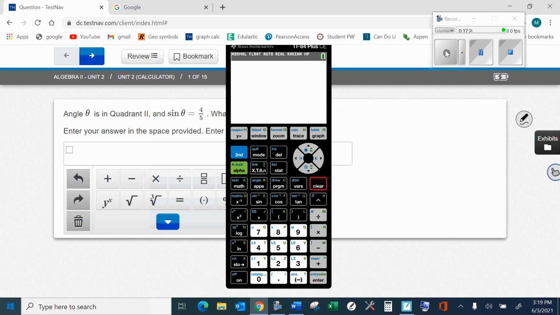So that's that one. Another one would be, let's say I did 12 minus 15. And I'll bring up that equation again. I hit second and enter, the button down the bottom right. Notice it brings up what I typed in last time.